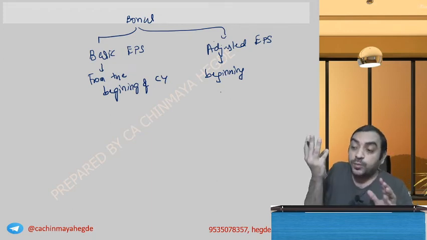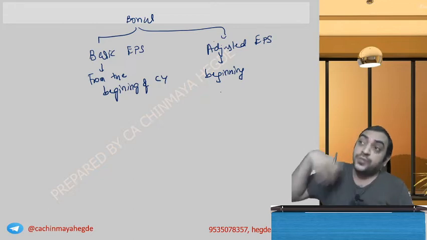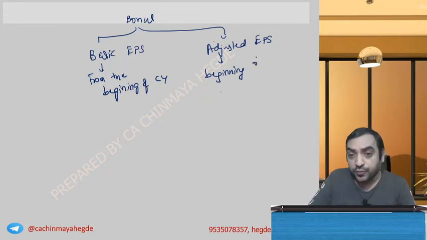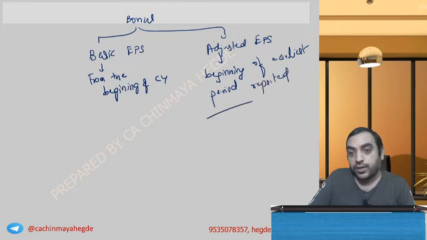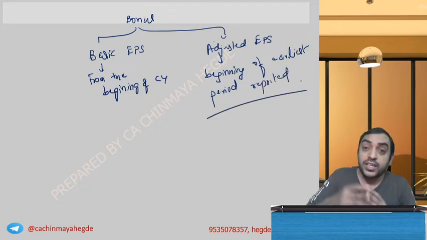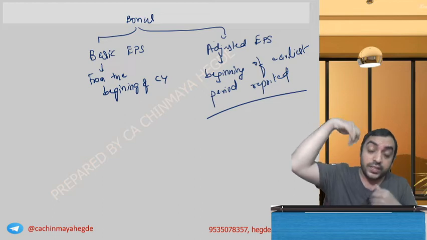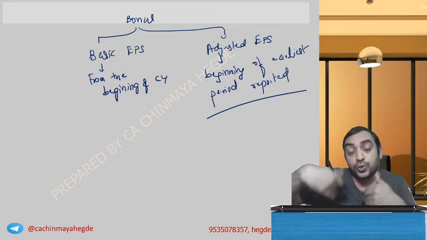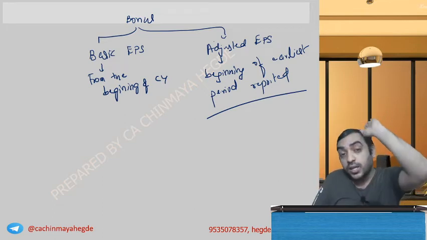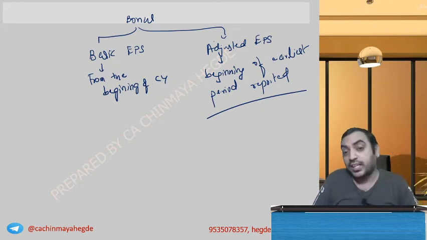So what about the third column? Opening balance of that year. So it's the beginning of the earliest period reported. If 3 financial statements are there, the beginning of that year, whenever it was there. Actually, you can say bonus is assumed to be issued from the time the company was formed. Like that you can think.